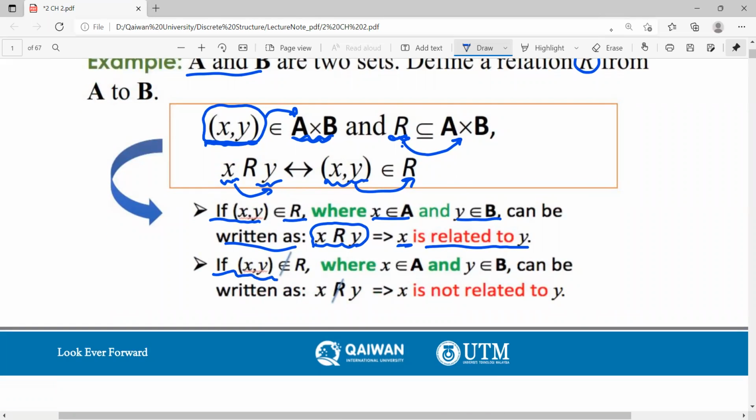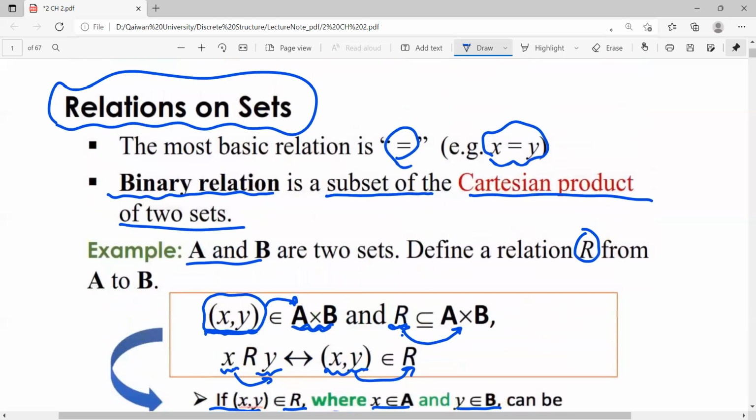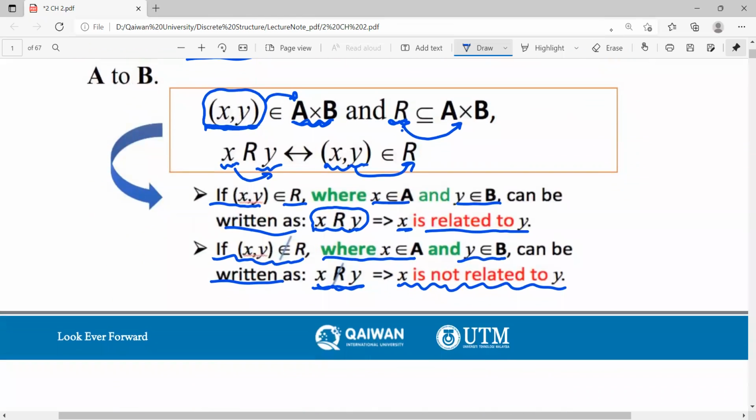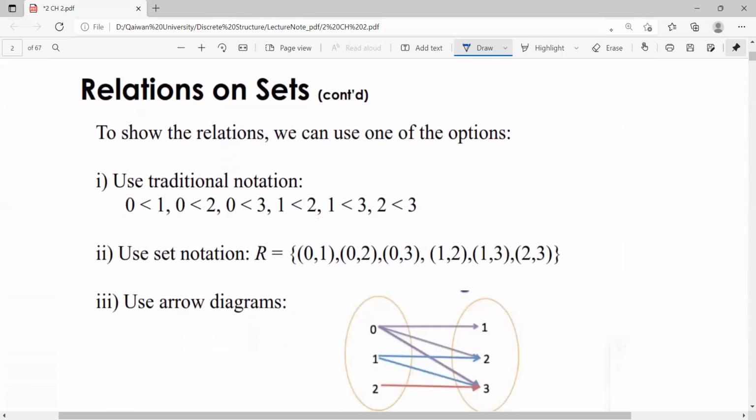If we have a member in the Cartesian product which is not in the relation, where x is in A and y is in B, it could be written as x is not related to y. It's just some basic things about relations, how to read it, and that's it.